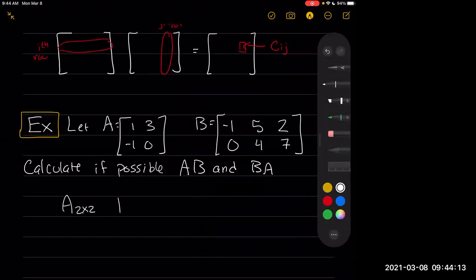and B, actually, I'm going to write these underneath so I can demonstrate something better. So if we have A 2 by 2, and B, a 2 by 3, because remember it's number of rows, the number of columns. So if we look here, the inside matches. So these need to match for multiplication to be defined.